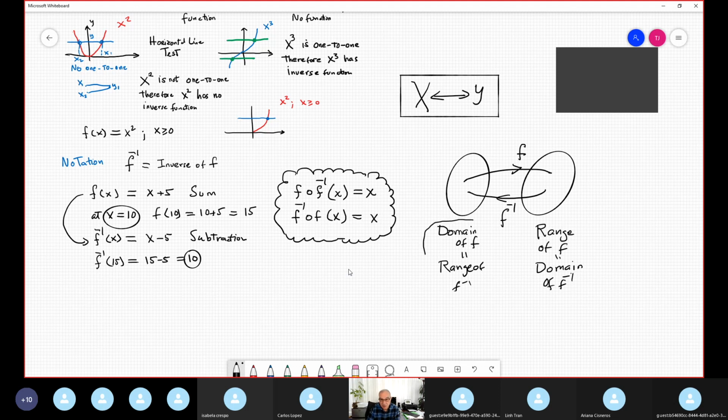Very important, this idea. So the domain of the original is equal to the range of the inverse, and the range of the original is equal to the domain of the inverse. Important idea. Everything is clear?